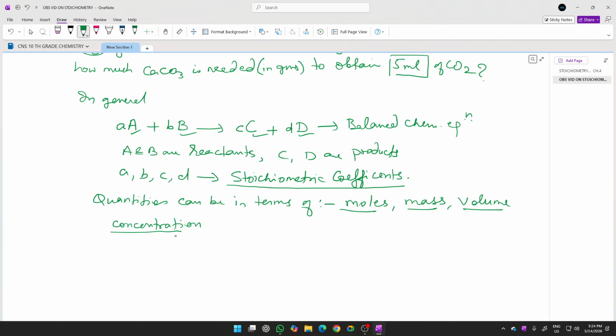Now, before we come to actual stoichiometry, you must have got an idea of what stoichiometry is, and this was a very rough idea that I gave you. When you go into detail, you will see there are so many things that you have to be familiar with.